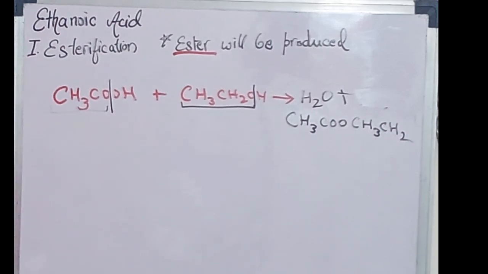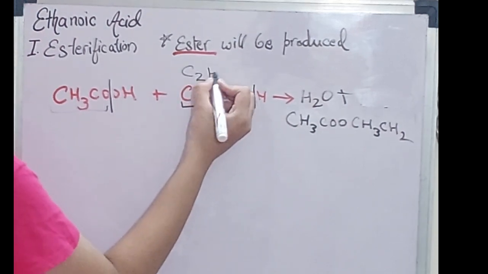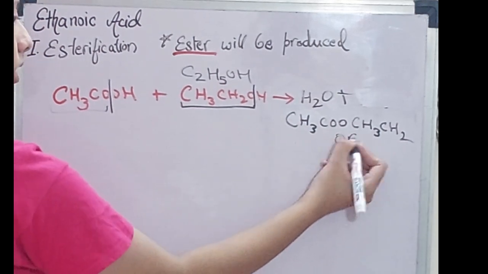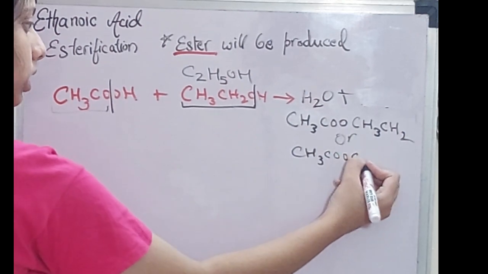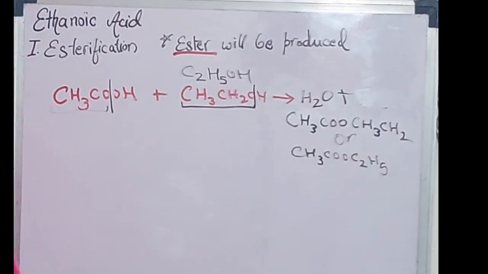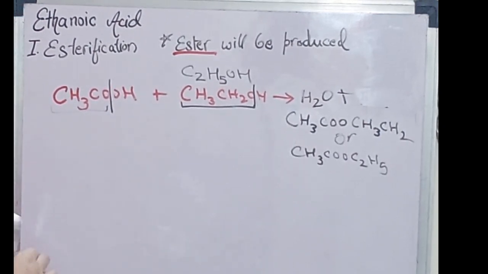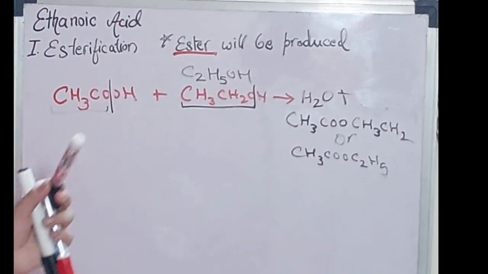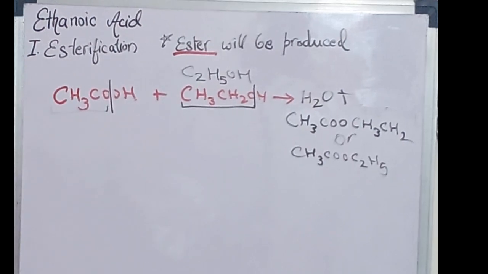You can also write it as, if you are using C2H5OH, then CH3COOC2H5. You will see why I have written it both ways. Basically this is the elaborated version and this is the compressed version. Nothing else, just another way of writing.